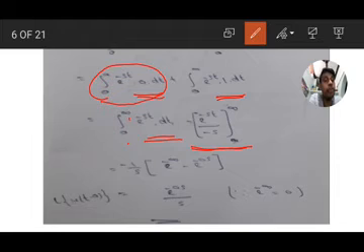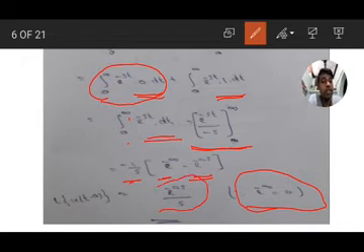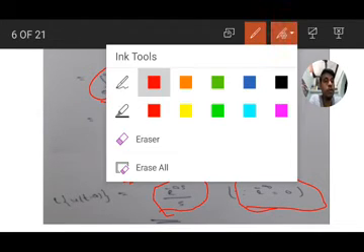So upper limit minus lower limit, we get minus 1 by s outside, e to the power of minus infinity minus e to the power of minus as, and e to the power of minus infinity value is 0. So 0 minus e to the power of minus as, so minus minus plus, e to the power of minus as by s. Okay.